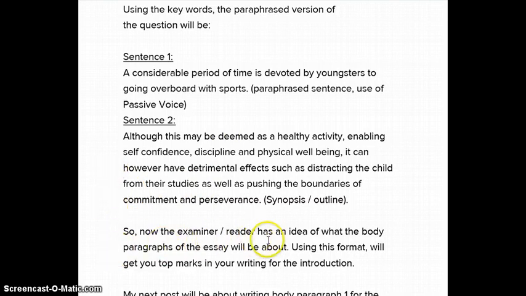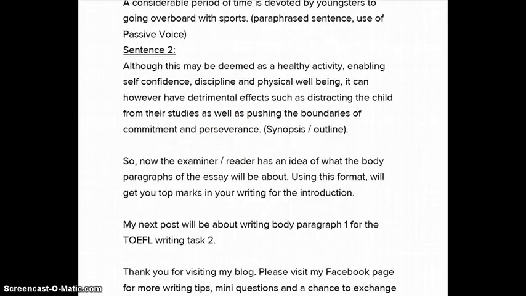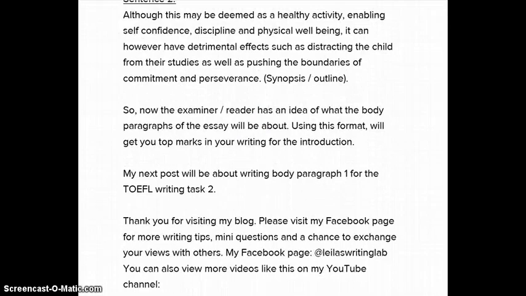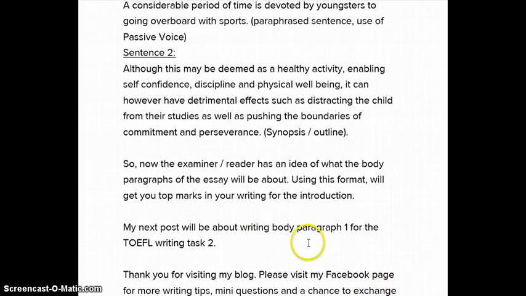The examiner or reader has an idea of what the body paragraphs of the essay will be about, and if you use this format, obviously this will get you top marks in your writing for the introduction section. As you can see, it was 2 sentences. We used the paraphrase for the question, and then we gave an outline of what the essay is going to be about. Okay, at the bottom of this post I've just put down that my next post is going to be about writing the body paragraph 1 for the TOEFL writing task 2.